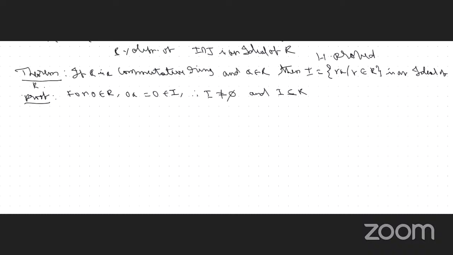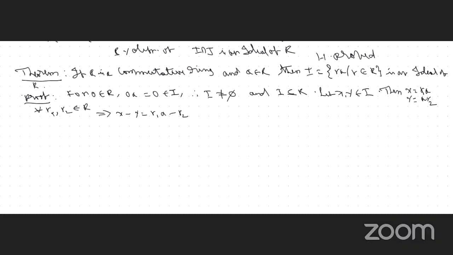Let x comma y belong to I. Then x equal to r1a, y equal to r2a, for all r1 comma r2 belonging to capital R. So x minus y can be written as r1a minus r2a.